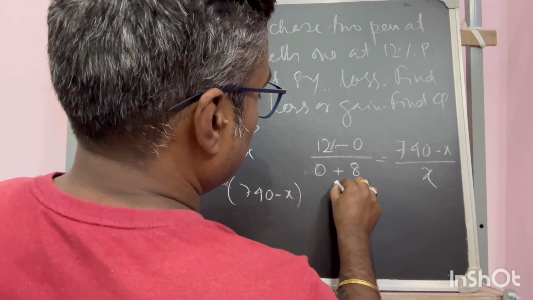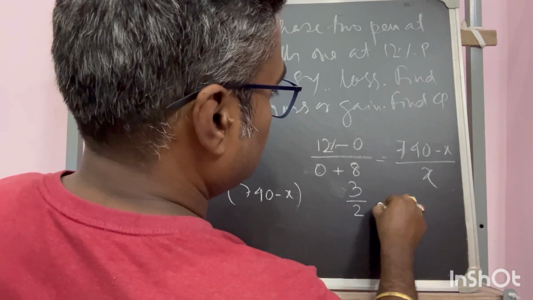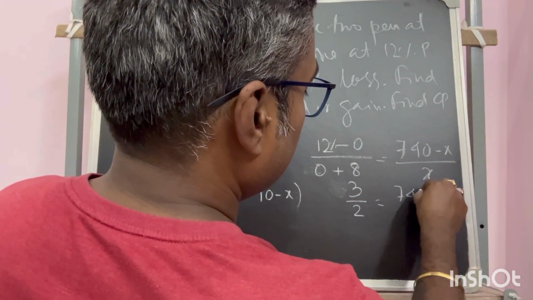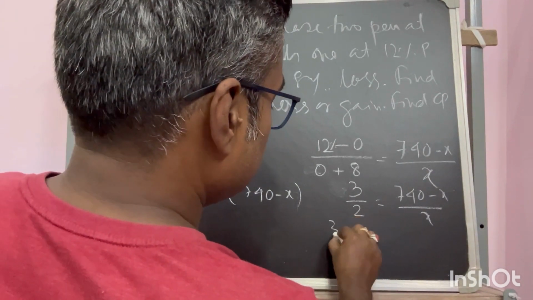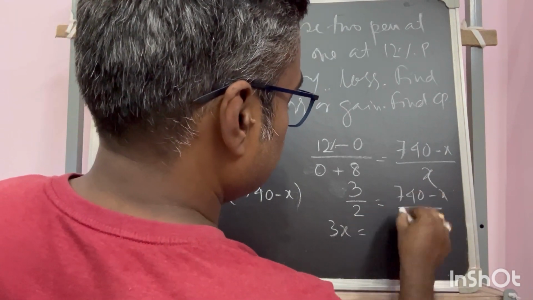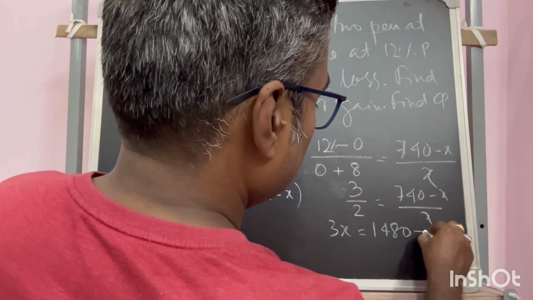That means if I reduce it, 3 by 2, and this is 740 minus x by x. So 3x is equal to 2 into 740, that means 1480 minus 2x.